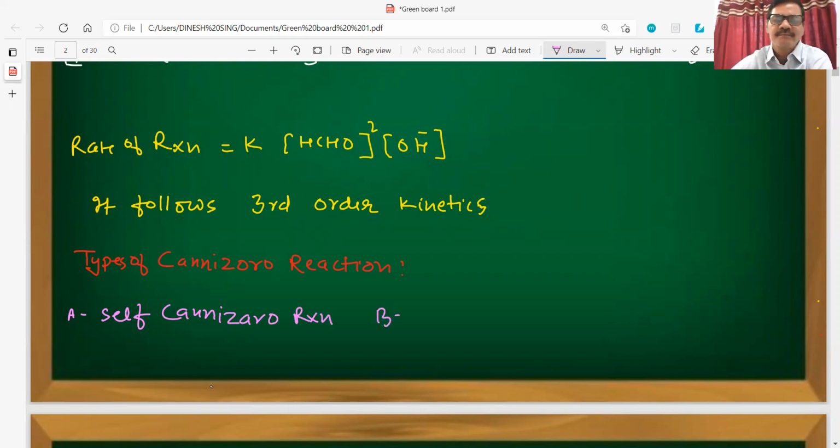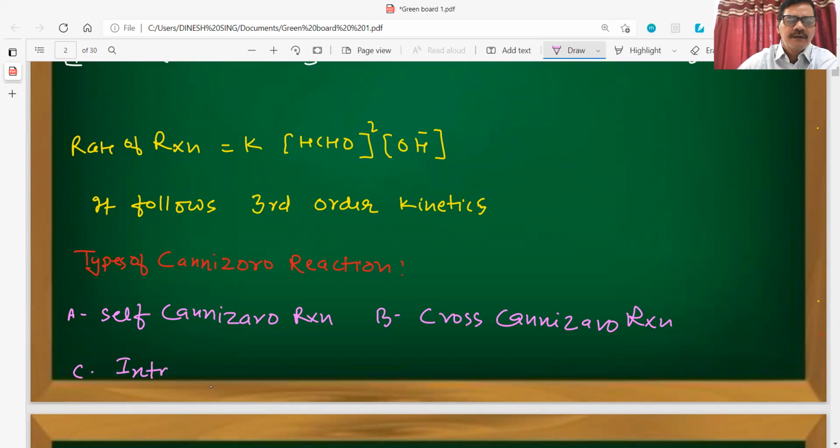Second one, cross Cannizzaro reaction, and the third one is intramolecular Cannizzaro reaction.